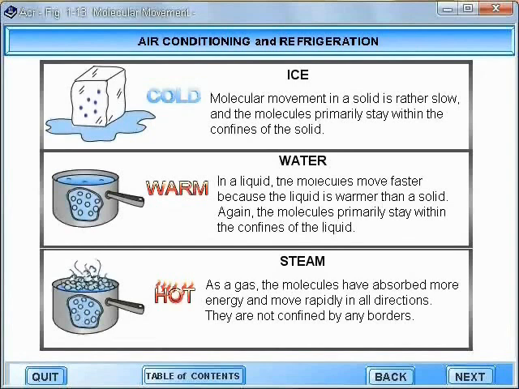In a liquid, the molecules move faster because the liquid is warmer than a solid. Again, the molecules primarily stay within the confines of the liquid. As a gas, the molecules have absorbed more energy and move rapidly in all directions. They are not confined by any borders.